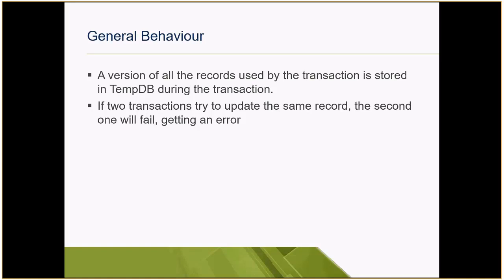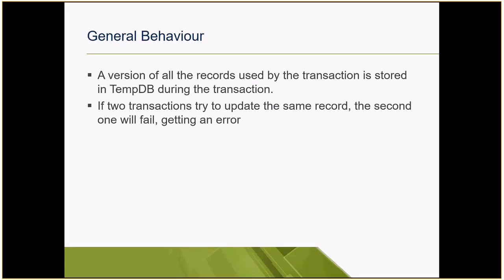We'll wait for the first transaction to finish and then update the record. But using optimistic concurrency, we get an error. If two transactions try to update the same record, the second one will get an error.